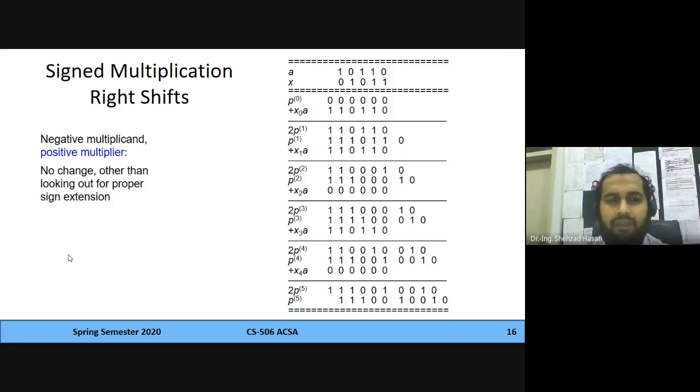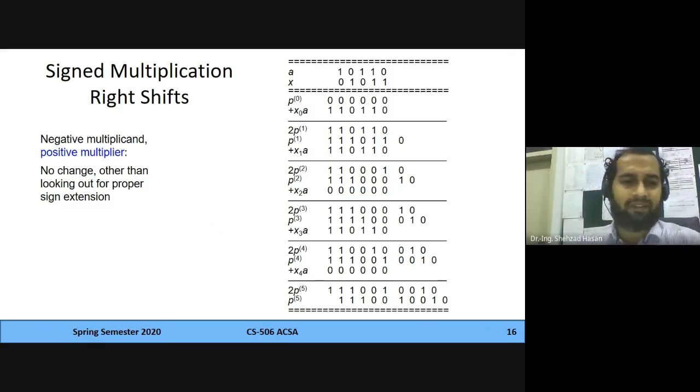Then we go on with the same steps that we were doing in the previous slide. There is no change, except that we have to look for the proper shifting. Instead of doing just a simple right shift, we are now going to do an arithmetic shift.